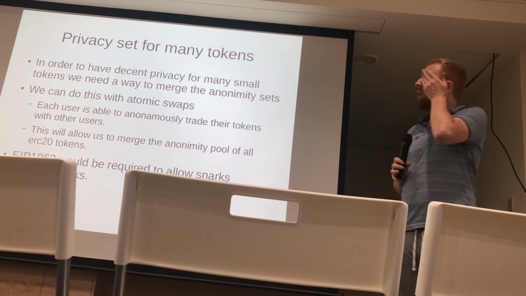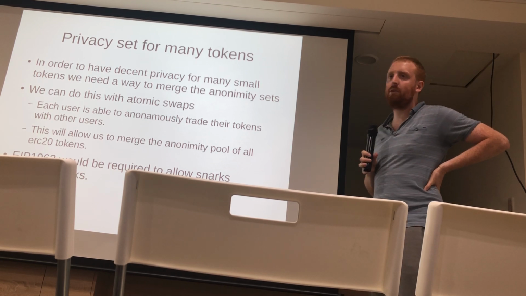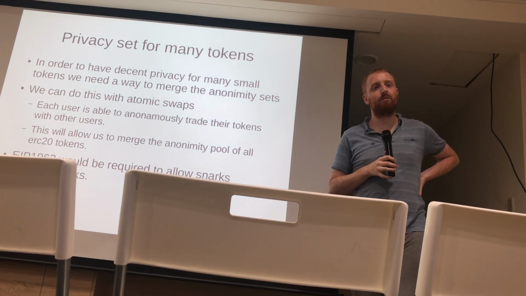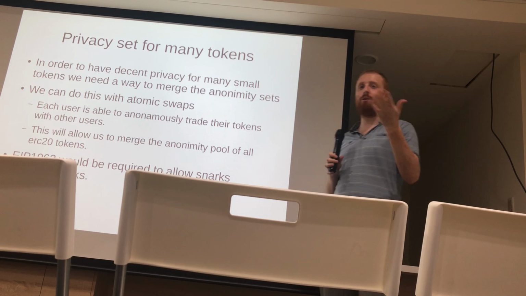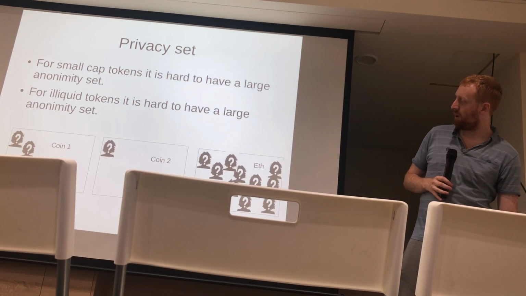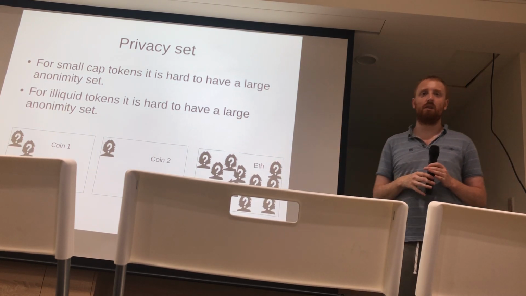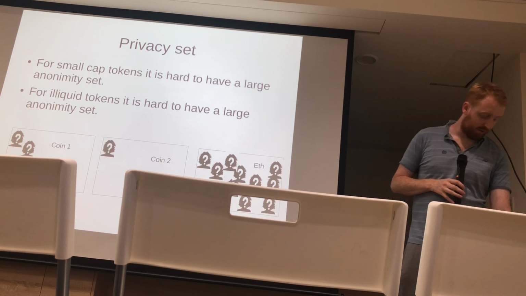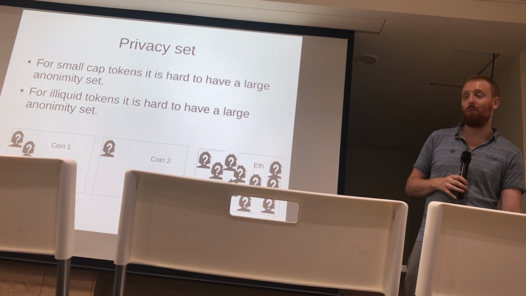One thing that we could do is, if we were able to do atomic swaps inside the mixer, then we could do trades inside the mixer. Let's say that I have token 1 and you have ETH inside the mixer, and I want to be able to hide my owning token 1.